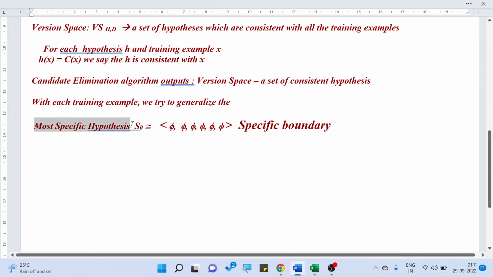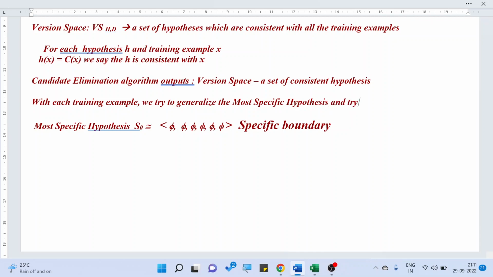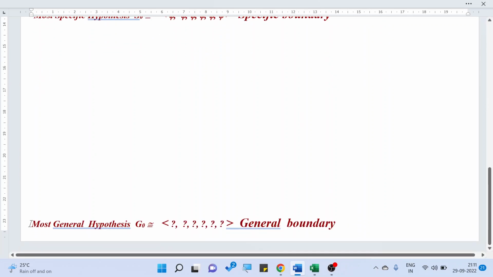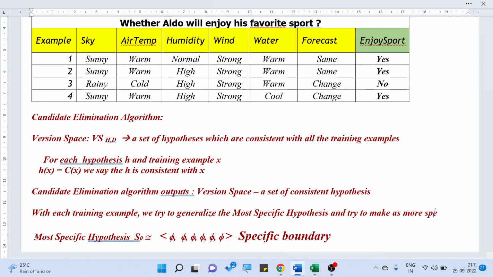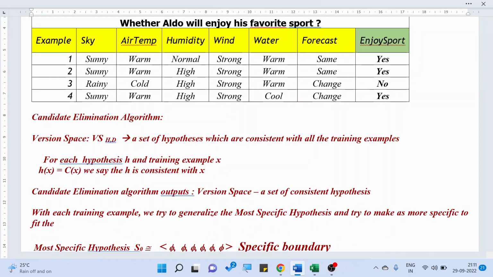We try to make it more general to fit the training example, and we will try to make G0, the most general hypothesis, more specific to fit the training example.